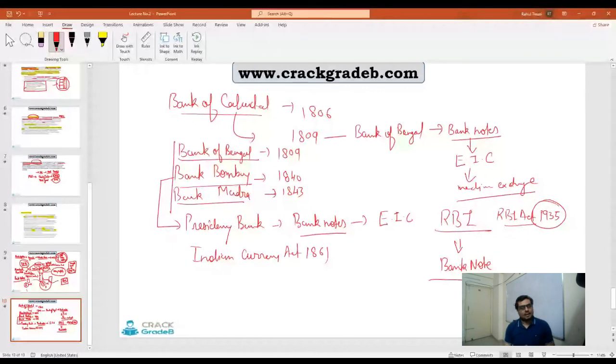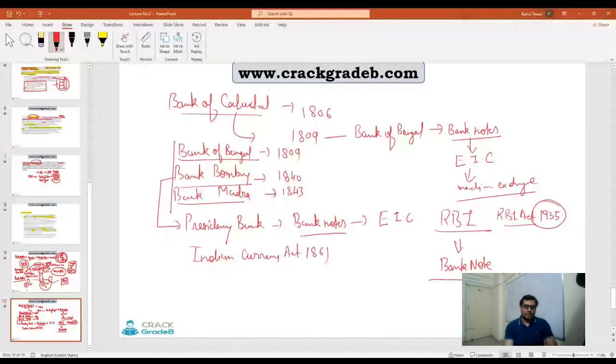The Prime Minister said that from midnight, the 500 rupee note and 1000 rupee note will not be accepted as a currency, right? When the government made this order, the 1000 rupee note was still a bank note, even after that order. It remains a bank note, but it cannot be accepted as a currency.